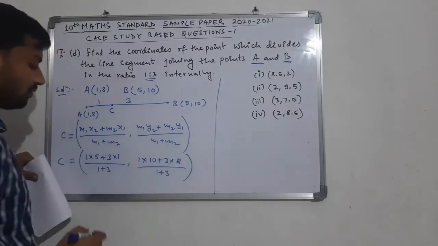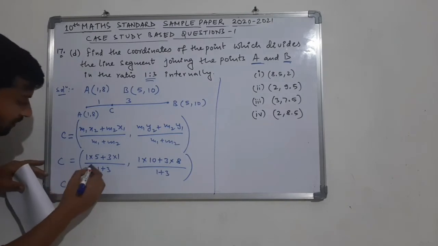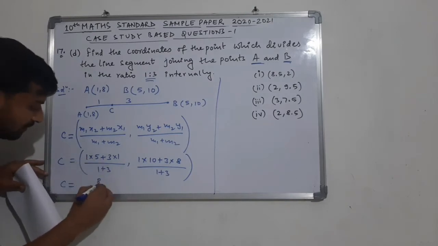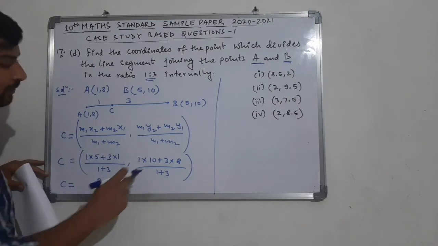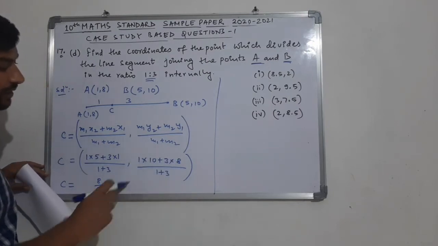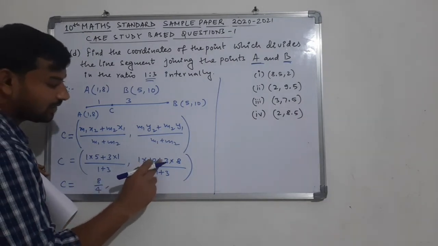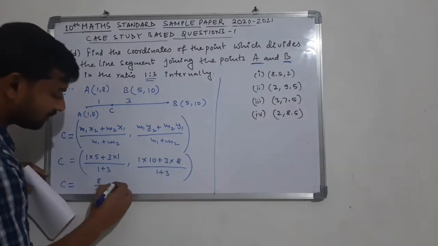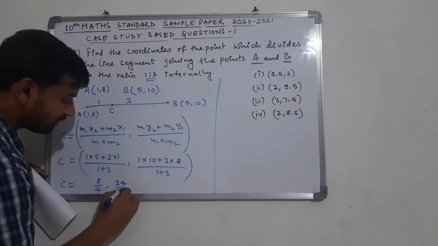So here the coordinate of point C is (5 plus 3) upon 4, comma, (10 plus 24) upon 4. This is what we are getting, 1 into 10 is 10 and 3 into 8 is 24. So total is 34 divided by 4.